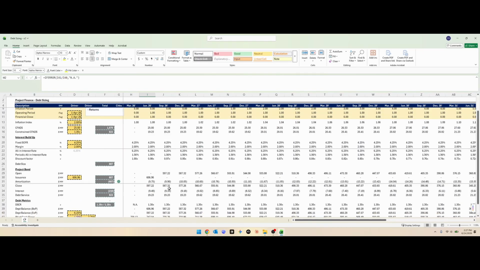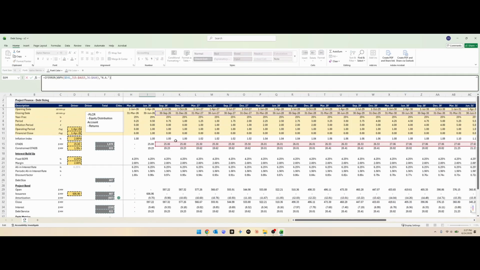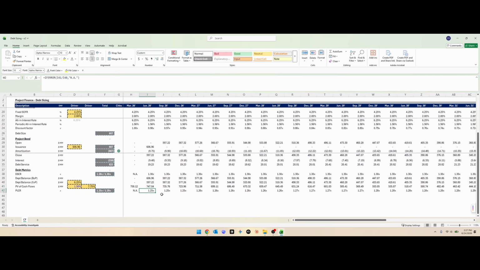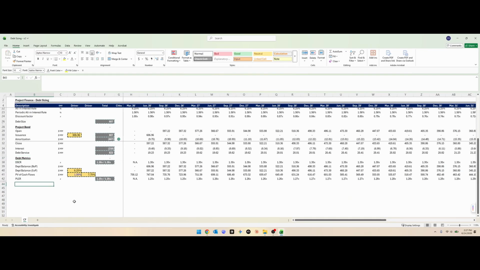Obviously you're not using a DSCR, and that's why you're looking for the 110, but you're taking your CFADs, discounting them back, and comparing that to your debt balance. So you want some sort of coverage. You're already using this buffer on the rate, so 110 is generally going to be your preferred minimum value.